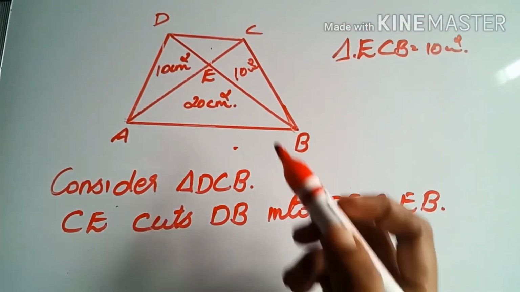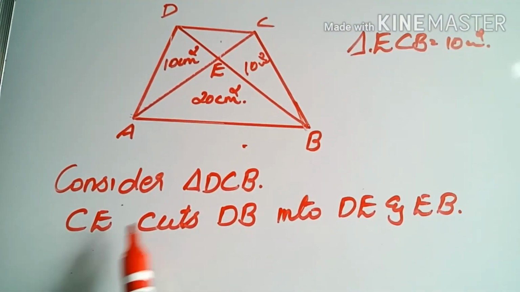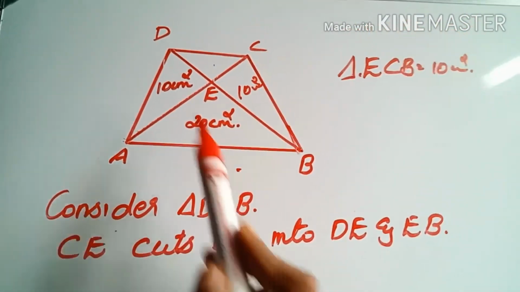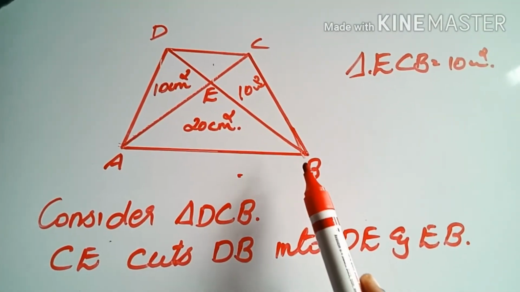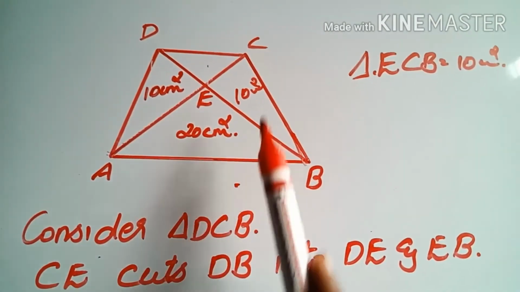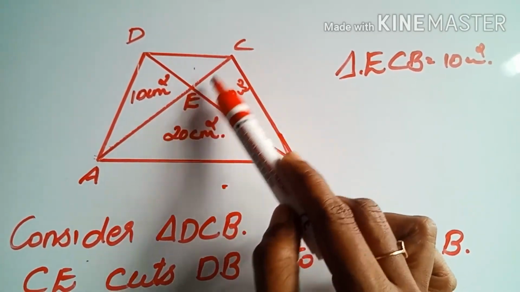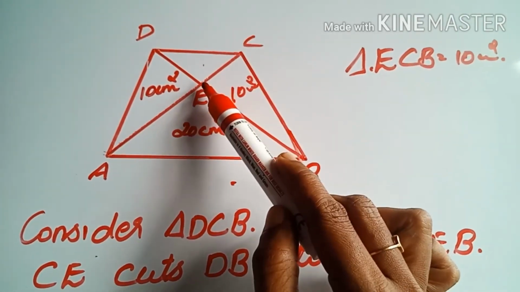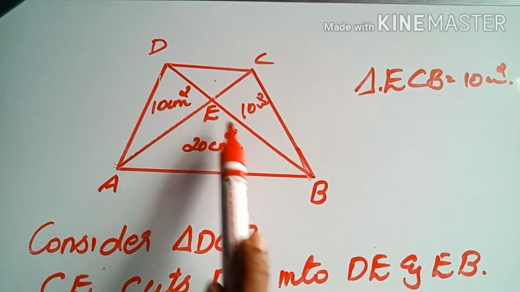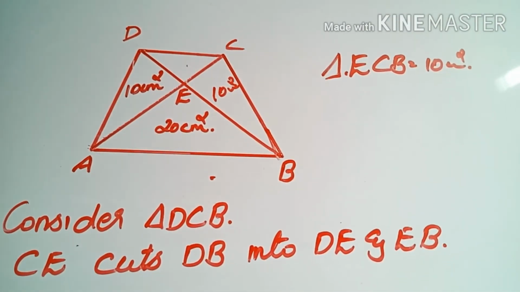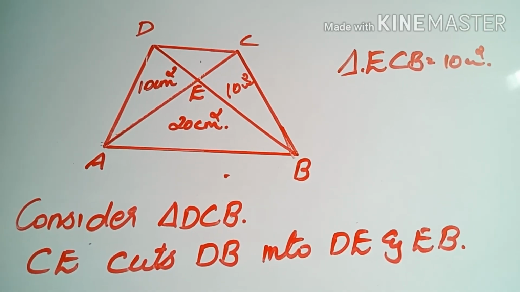So in order to find the last portion, we have to consider triangle DCB. This portion we need to consider. Now in this triangle DCB, the line CE, you can see in the figure, cuts DB into DE portion and EB portion. Their ratio will be the same as their areas' ratio.